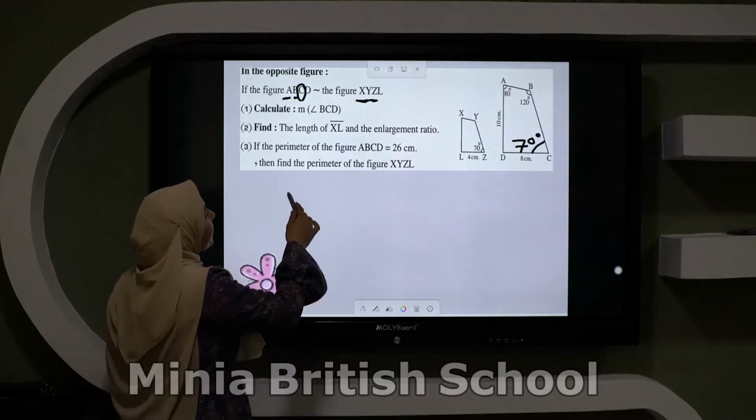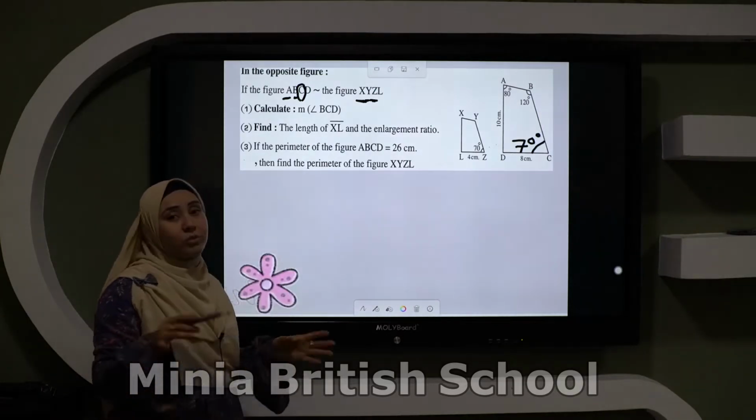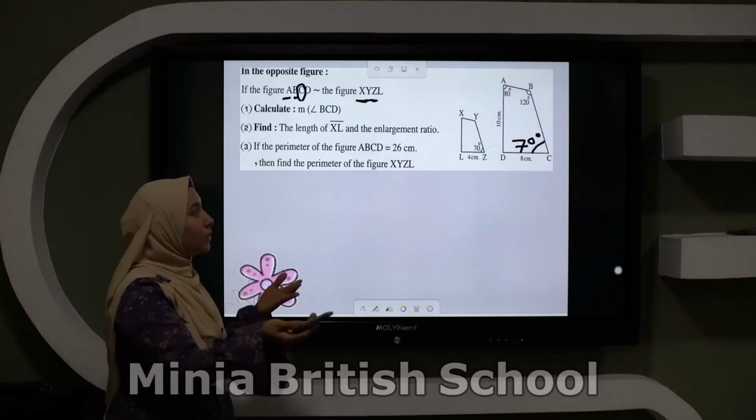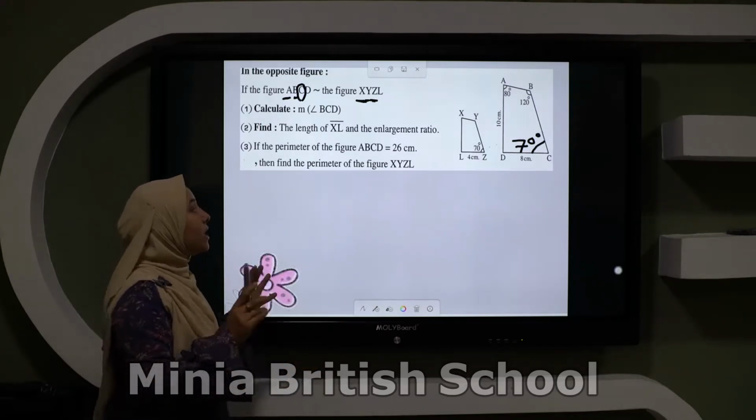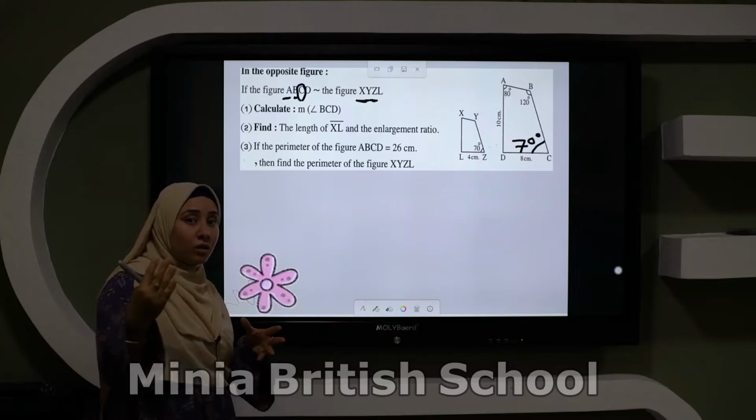Number 2, find the length of XL and the enlargement ratio. The two figures here are similar, so the corresponding side lengths are proportional.